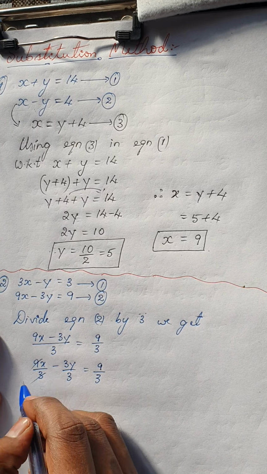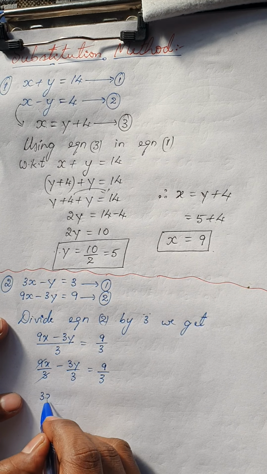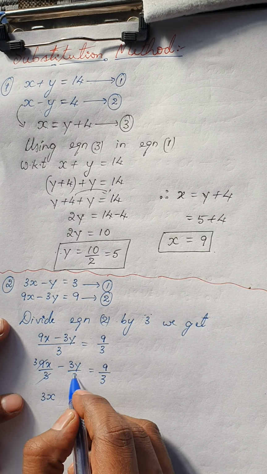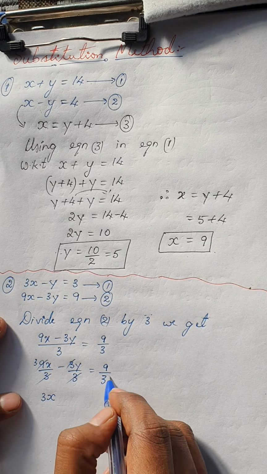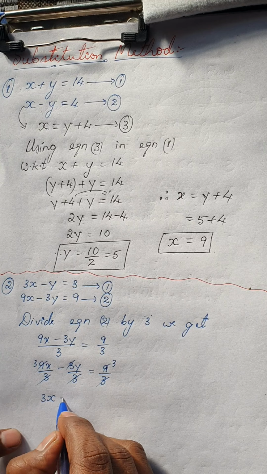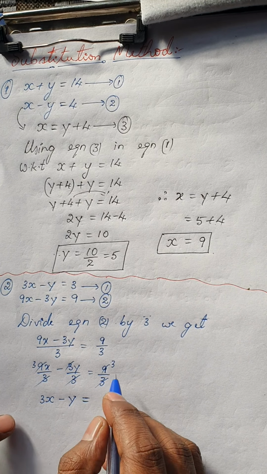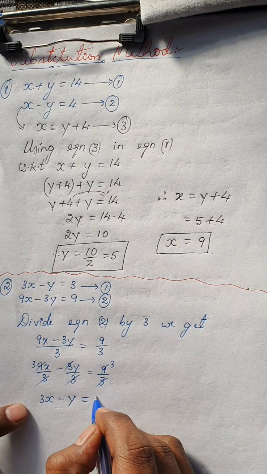The 3 and 9 cancel: 3 threes are 9, so I get 3x. Minus 3 and 3 cancel, leaving y, and 9 by 3 is 3.